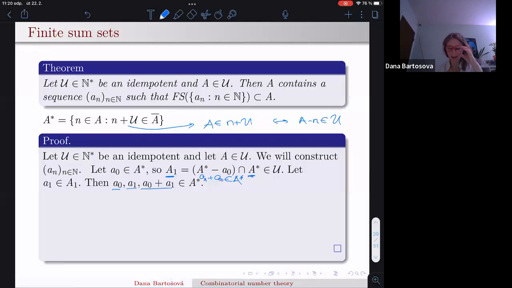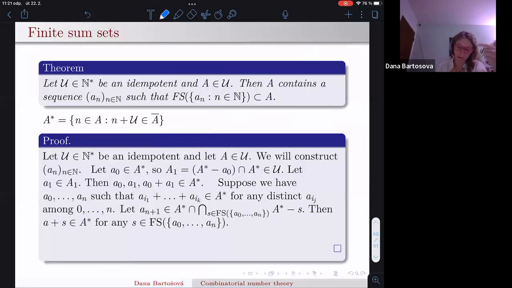Okay. So now we will just go with this process. So we are going to construct these elements, and I want that all the finite sums are going to be inside of A star.